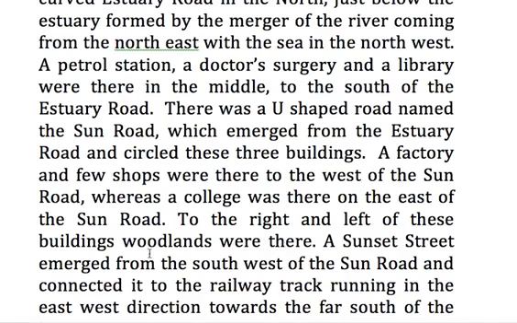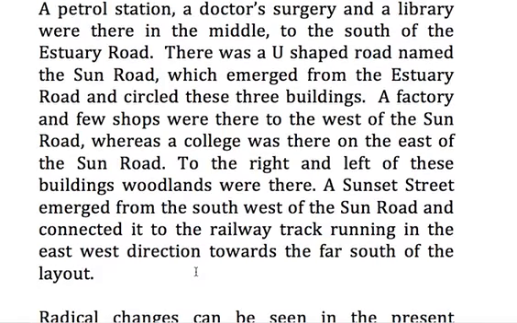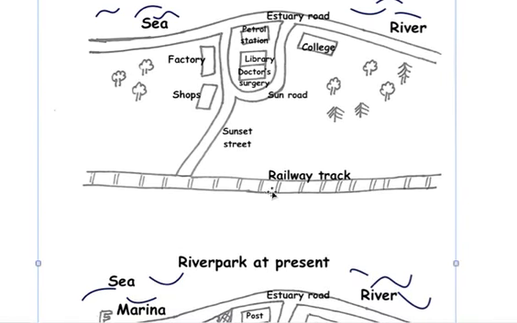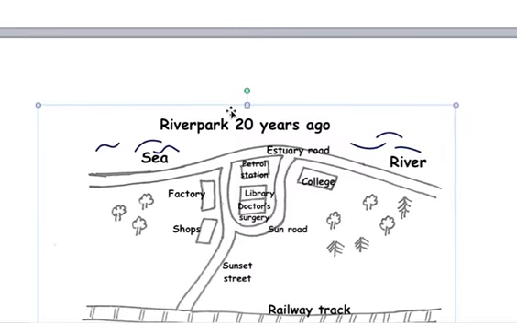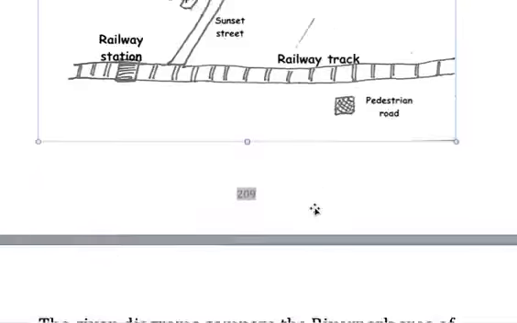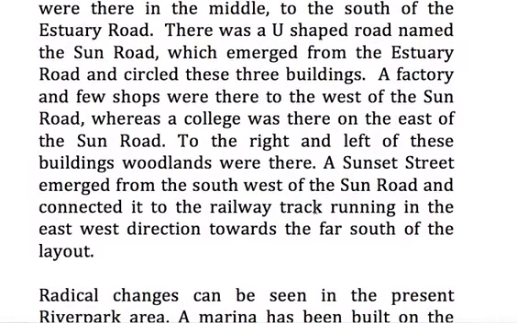A Sunset Street emerged from the southwest of the Sun Road and connected it to the railway track running in the east-west direction towards the far south of the layout. So here you can see this is the railway track running in the east-west direction, and this Sunset Street emerging from the southwest corner of the Sun Road connected it to the railway track on the far south of the layout. So this is all about the first diagram.